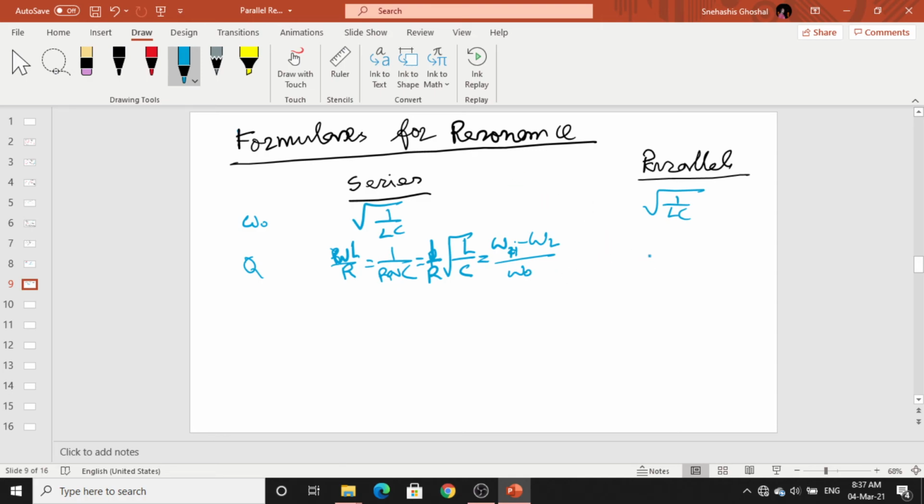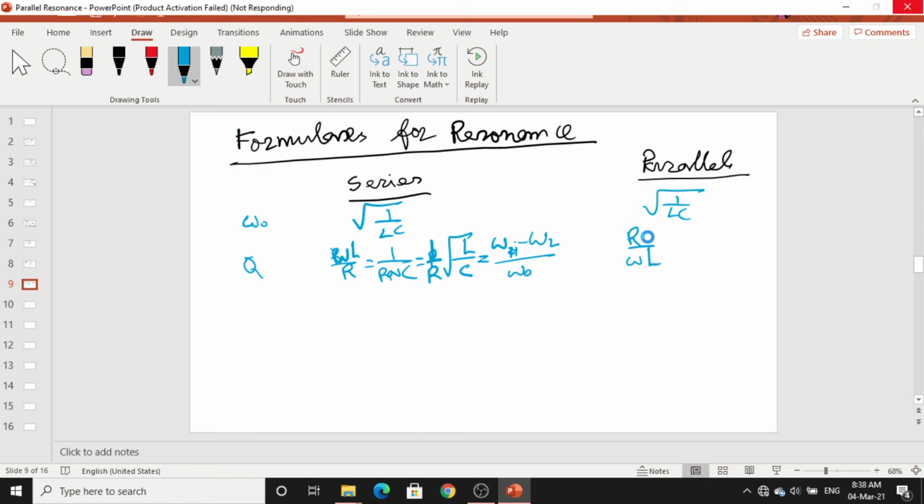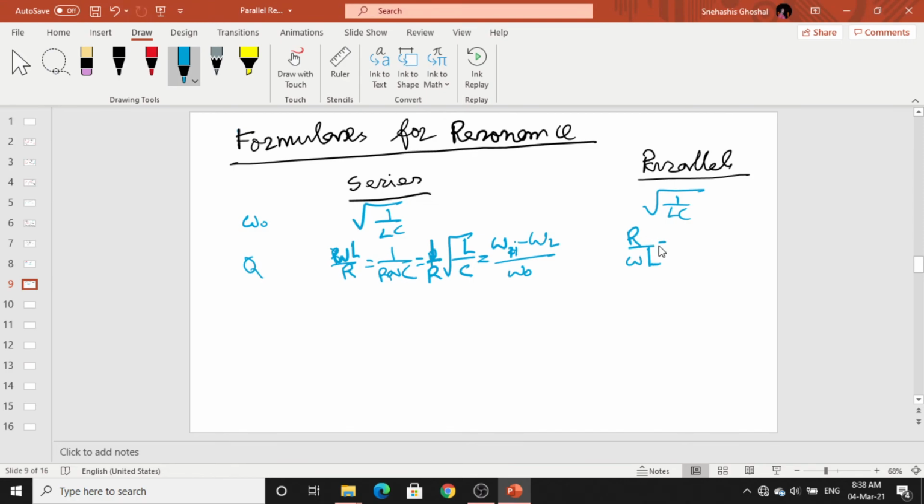In case of parallel resonance, it becomes R by omega L, which is also R omega C or omega CR, which is also R root C by L, which is also omega naught by omega high minus omega low. Next one is omega high.